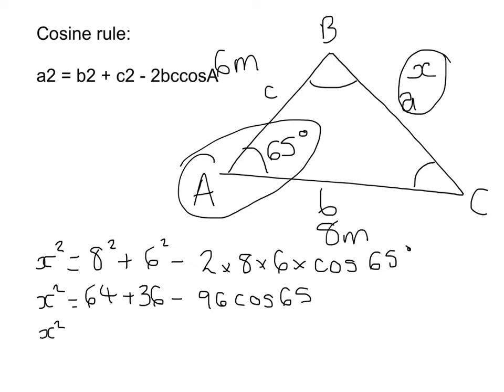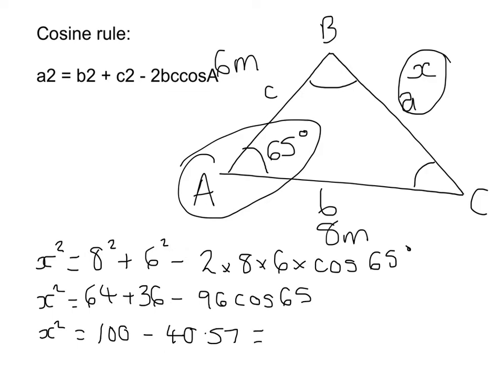So x squared equals, now this is a part which we need to use a calculator for because of cos 65. So we have 64 plus 36, which gives us 100, take away 96 cos 65, so we do that on our calculator, and that gives us 40.57 to 2 decimal places.